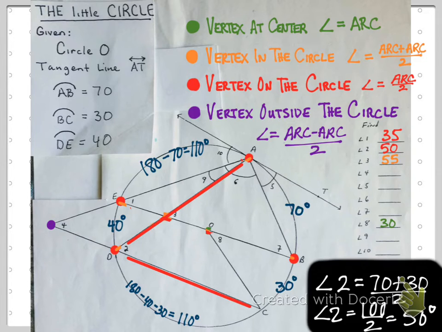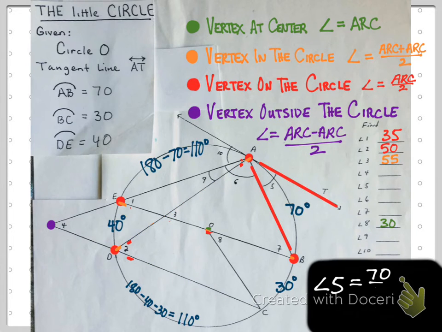So to find the measure of angle 2, we take the 100-degree arc and divide by 2. So the measure of angle 2 is 50 degrees. Now for angle 5, it intercepts an arc that goes from A to B, and that's a 70-degree arc. So we take our 70-degree arc, divide by 2, and angle number 5 is 35 degrees.